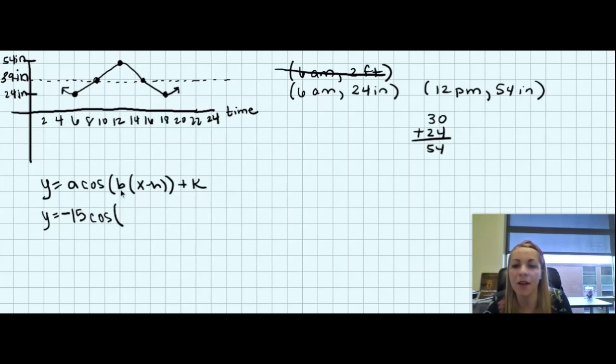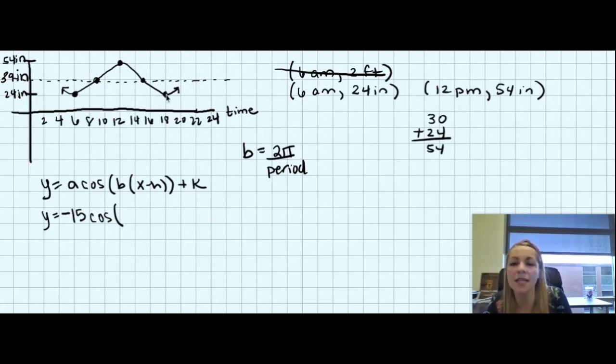To get the b value, again, b is the number of cycles between 0 and 2 pi. And so to get the b value, you're going to take 2 pi divided by the period length. 1 period goes from 6 to 18.